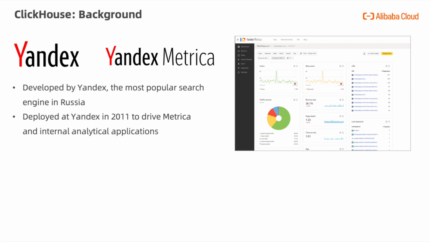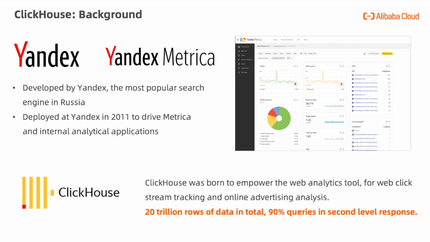ClickHouse was born in production at Yandex over a decade ago, as we mentioned before. It has also become a de facto standard inside Yandex for advertising systems, for monitoring and observing data, and also for business intelligence, recommendation platforms, OLAP, and even car telemetry.